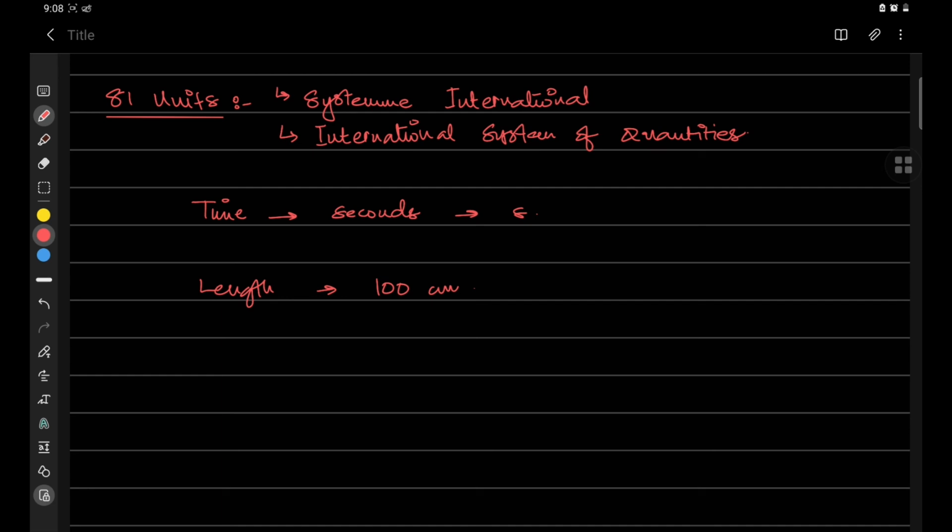No matter where you are, in London, the UAE, or the US, you'd know what he's referring to, because you stated that you need to extend this by 100 centimeters. Just because of the SI units, because of this law, this system, it has become very easy for us to go out and make sense of something.